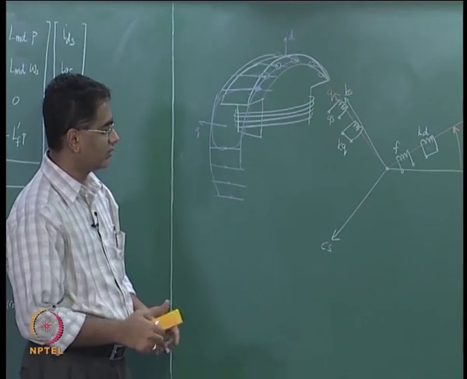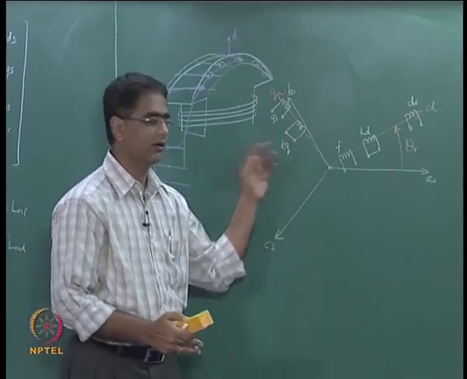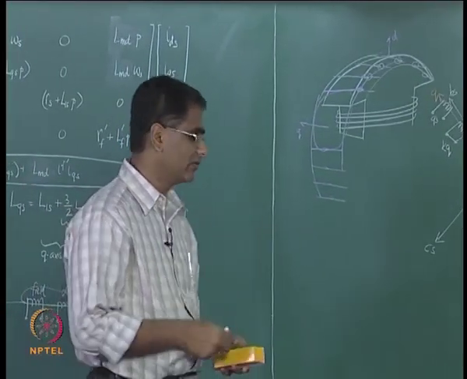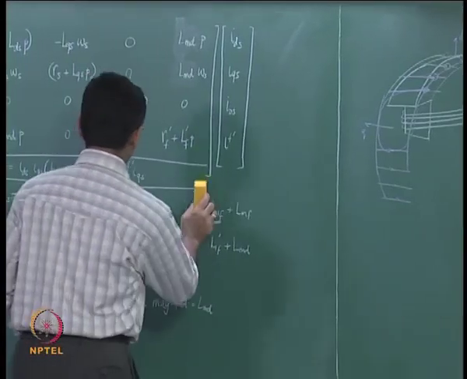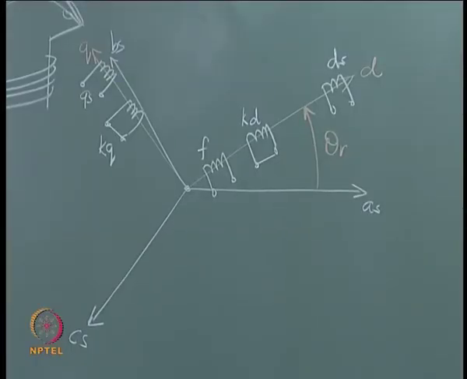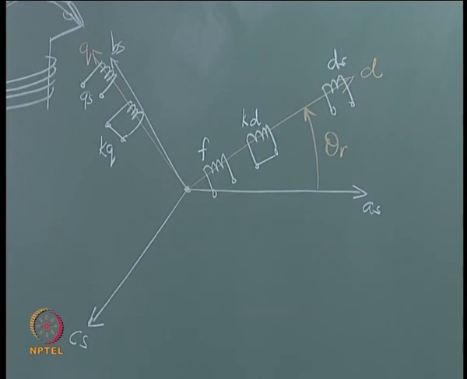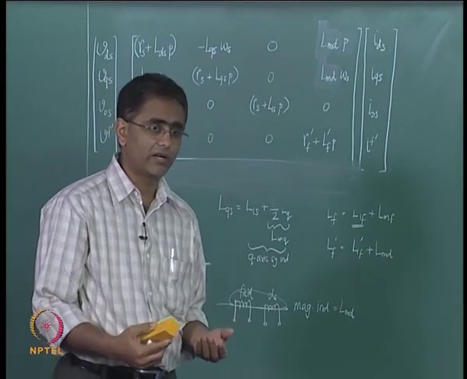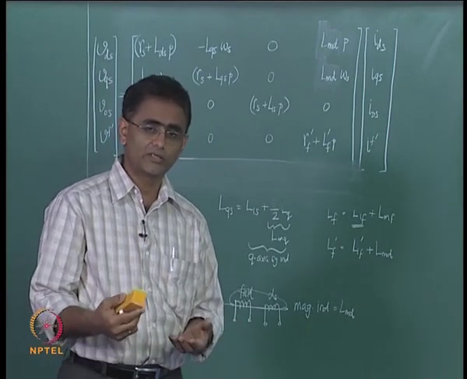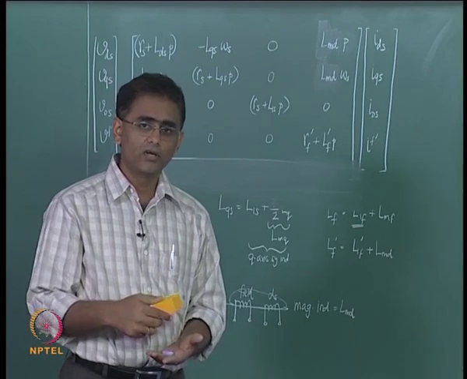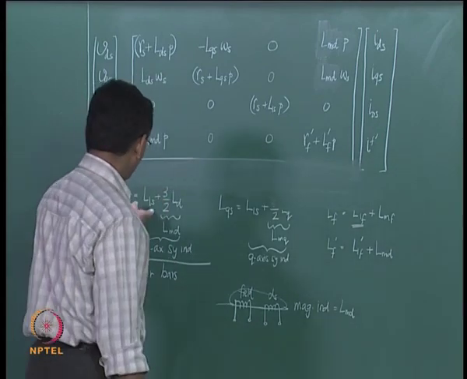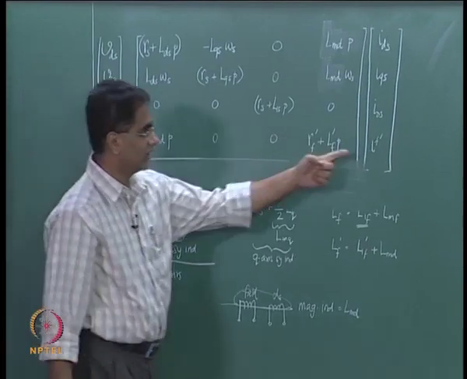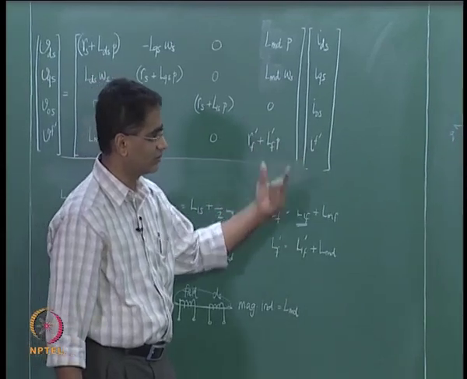So if one is now going to include the effect of KD and KQ, how do we modify this system of equations that we have derived so far? So if one has to do that, remember we are going to write down the equation in the synchronous reference frame, and we make use of the fact that we are writing these equations in a stator referred way. That means we have already done this exercise where Vf is replaced by Vf dash, If is replaced by If dash, and so on.